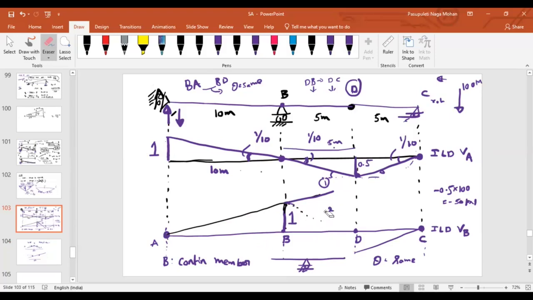And if you consider path 1 only, your slope will be the same, and then it will deflect like this. And after that, at D, what is the support there? Hinge support. As it is a hinge support, rotations can be different. So the orientation will change and then it will meet C. You can see at this point, both are rotated in different directions. That means it is a hinge connection. Clear?